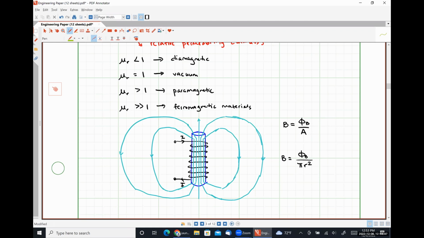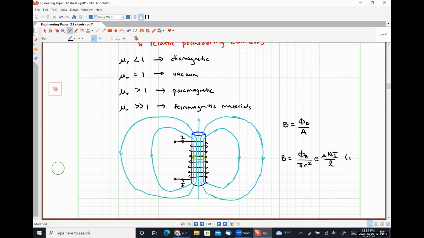So that's effectively this circle here. Maybe I should have used a different color than green so you can see it better, but it's just the circular cross-sectional area. And this is going to be simply mu times N times I over L. And I'm going to put approximately here because we have some leakage at the ends of our coil, right?